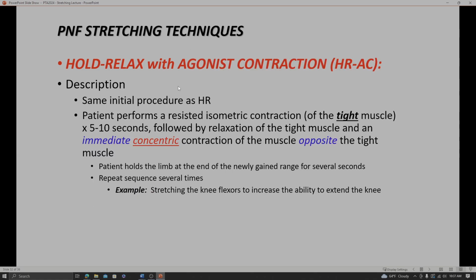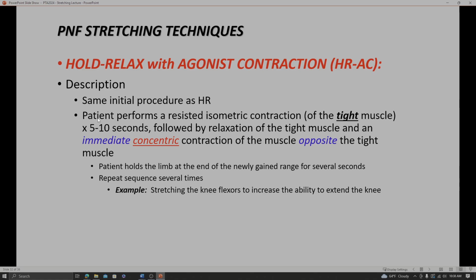Hold relax with agonist contraction is basically the same thing, except after the isometric contraction, I'm going to have the patient engage in an immediate concentric contraction of the muscle opposite of the tight muscle, okay? Then you'll hold the limb at the end of the new range for several seconds and repeat that over again, right? So they're going to have a contraction of the tight muscle.